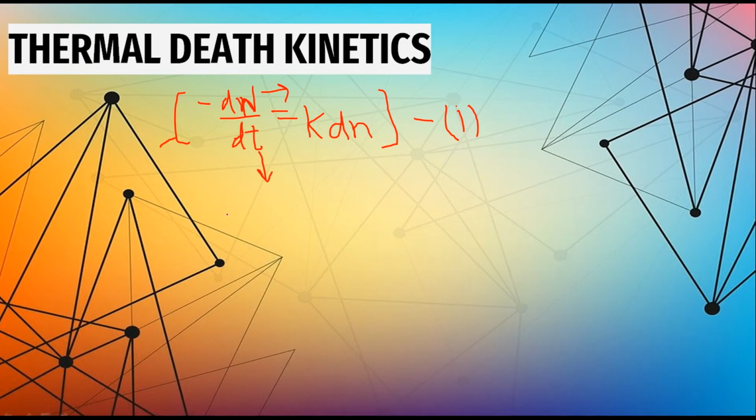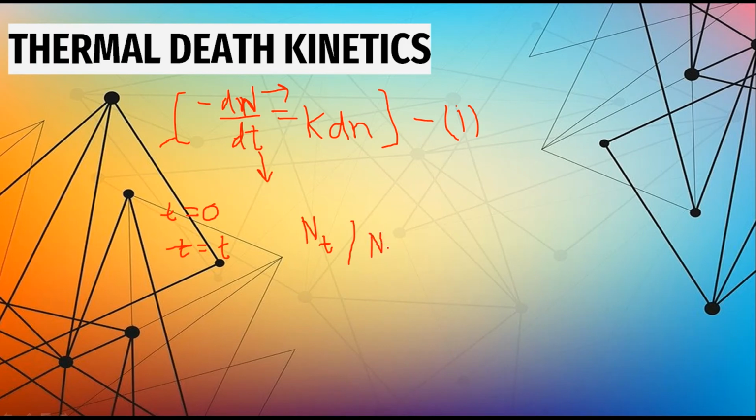So what will happen when we integrate it with lower limit 0 and upper limit t? This is the sterilization time when we do the sterilization. So what will be the result? The result will be Nt divided by N. You all know integration, right?